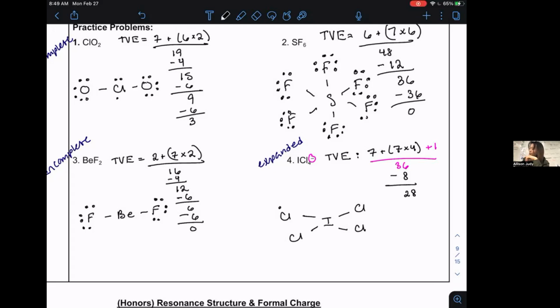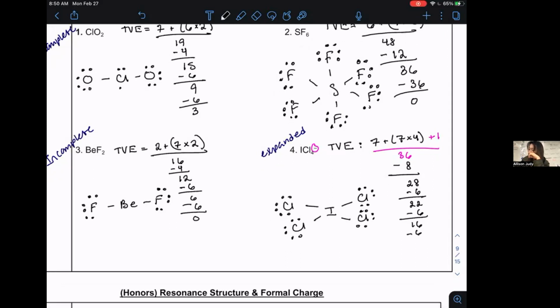Okay, now I'm going to distribute one at a time to my terminal atoms. 6, 6, 6. Can I do just 2 in a row, please? Okay. Now I have 4 left.